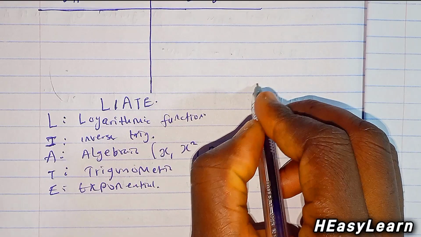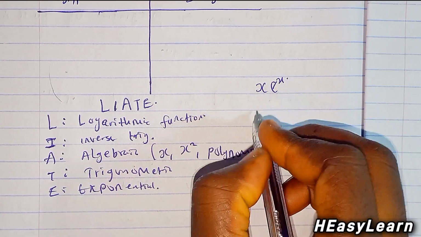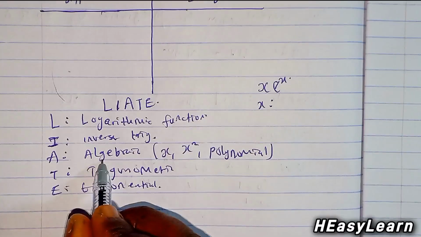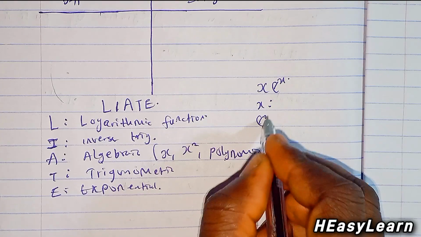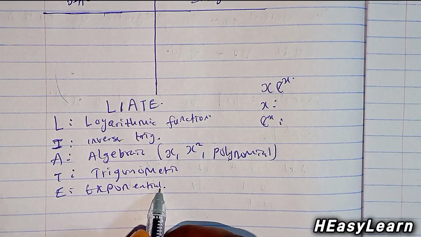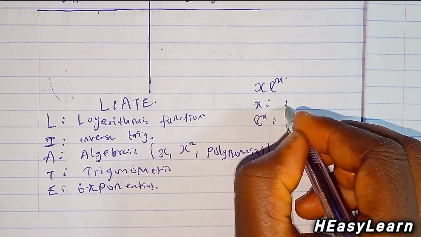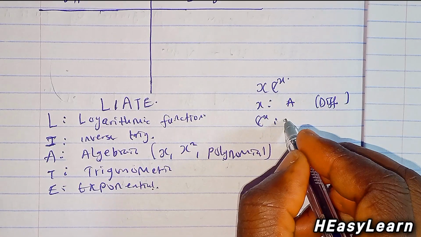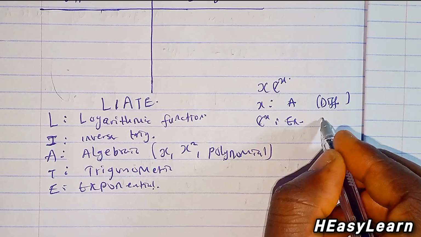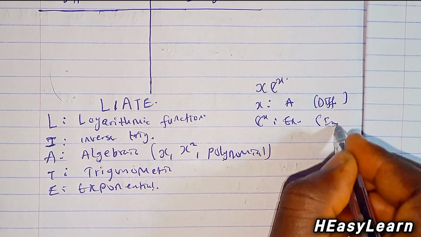In a case where we have x exponential x, of course x is an algebraic function and exponential x is an exponential function. Therefore the algebraic function is the function to differentiate, and the exponential function is the function to integrate.